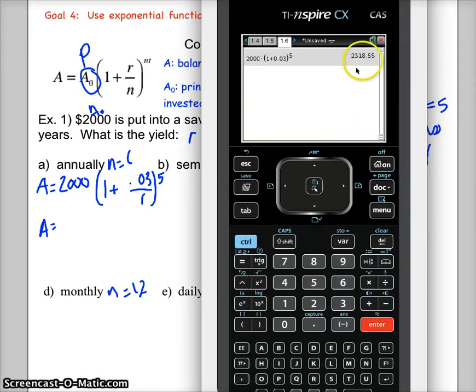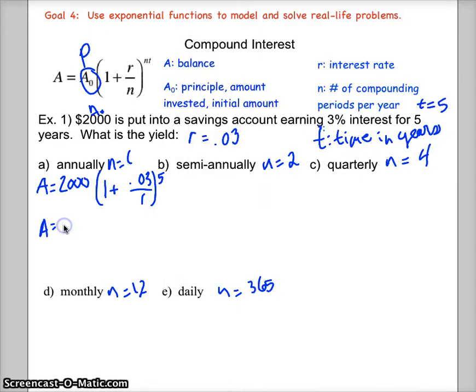So after 5 years, if we compound annually, our balance is $2,318.55.